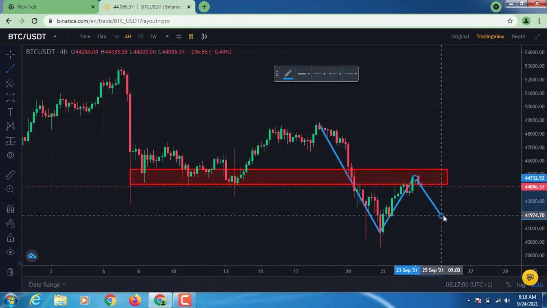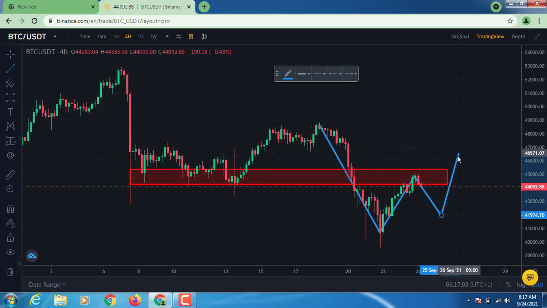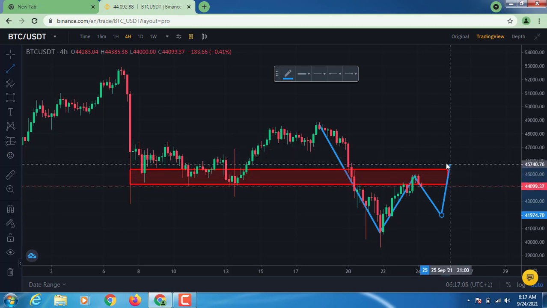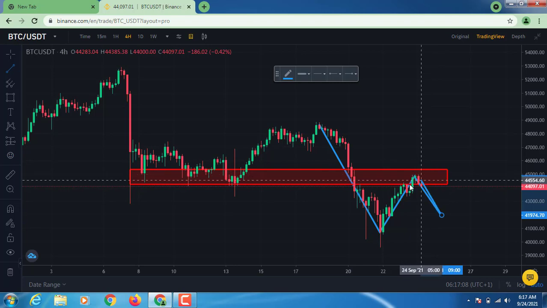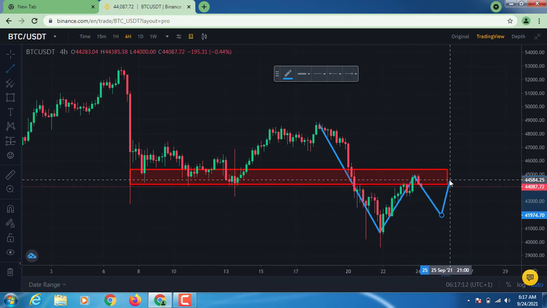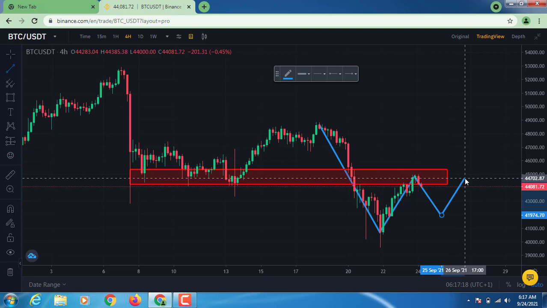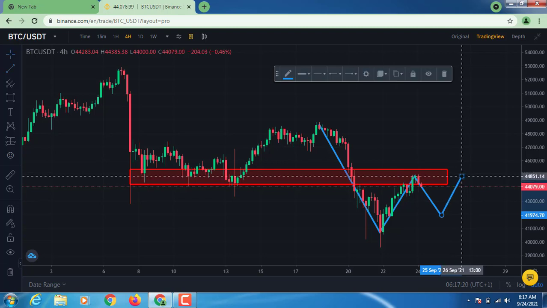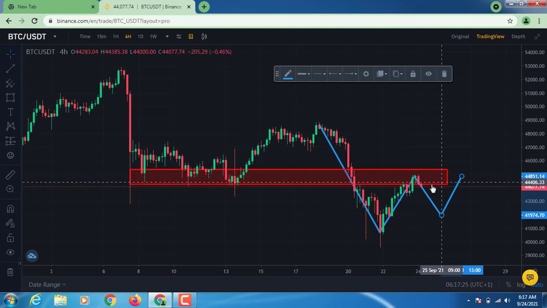So if this market is coming back up and you see the market break through this very area of resistance, that is this support level right here, turned resistance at this very point, and if you see the market go back right up, then it will be a good time to be looking for a buy position on BTC right now. So this very area is a very strong area, and if it is broken, then be very bullish on Bitcoin.